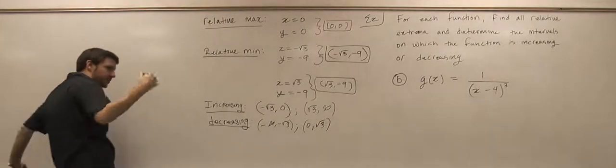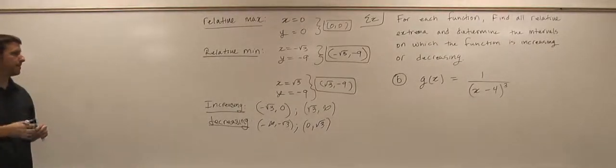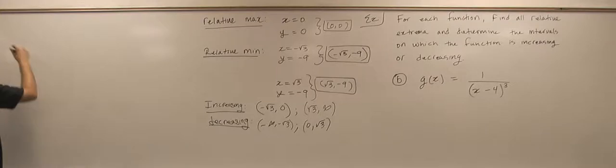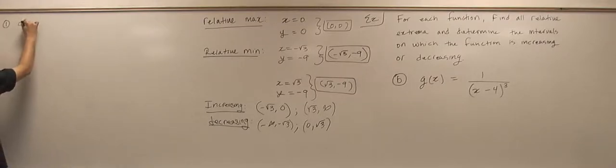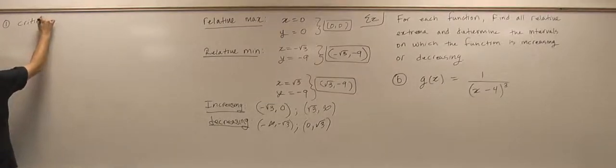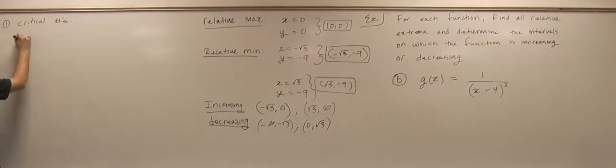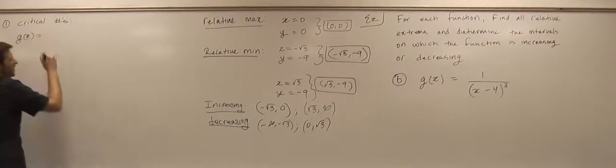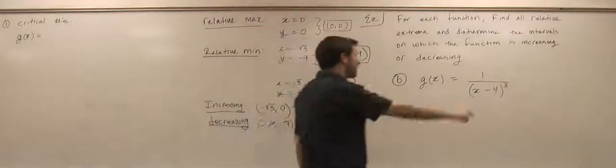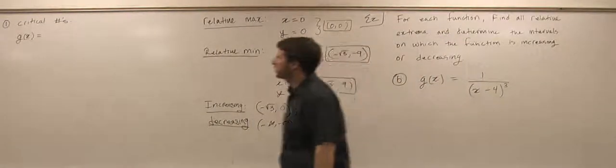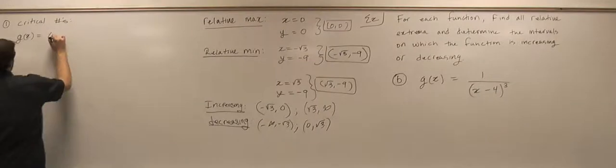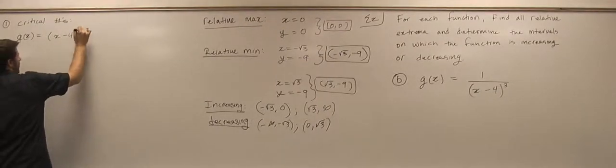Find critical numbers, right? Take the derivative and set it equal to 0 or undefined. That's one: critical numbers. So I take g of x, and let me write it with a negative exponent. g of x is x minus 4 to the negative 3.